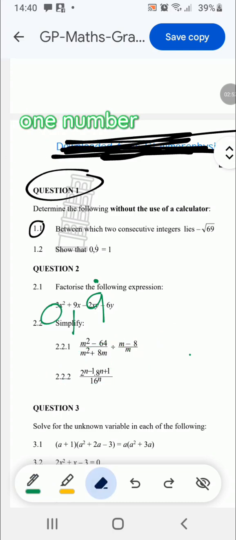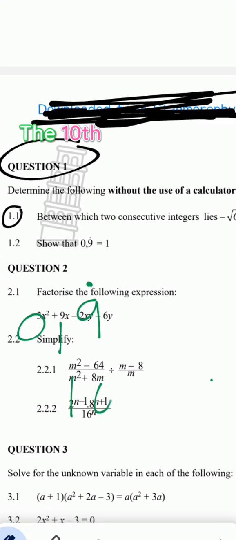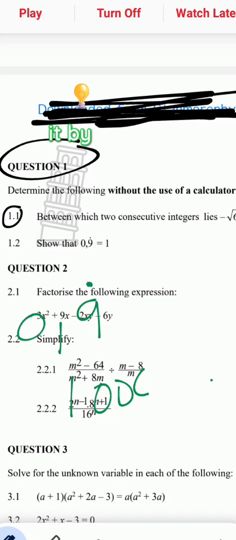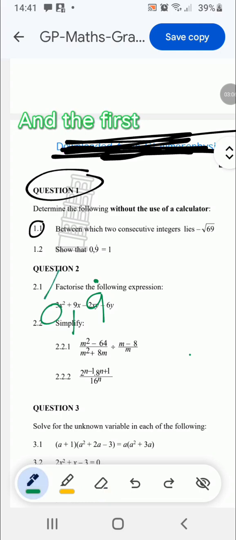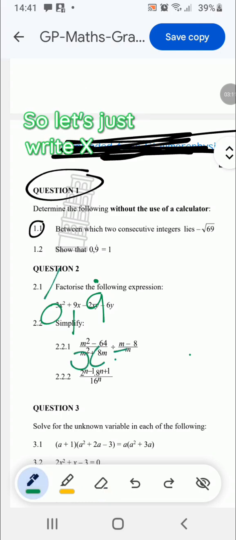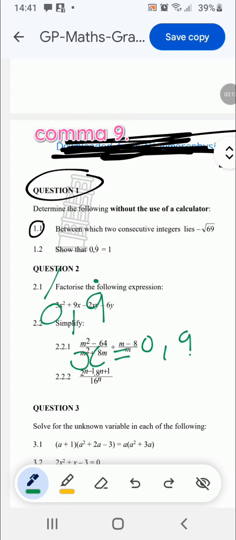If there's one number after the comma, we call that the tenth. We'll represent it by x. And the first number is just x. So let's just write x is 0,9 recurring.